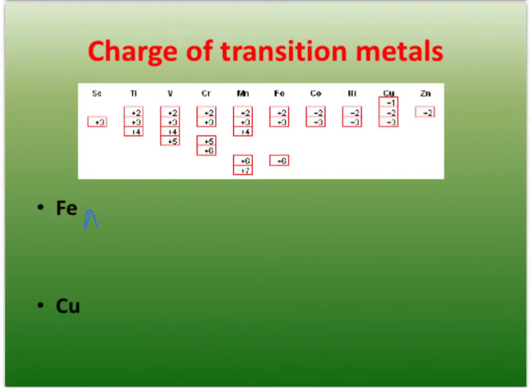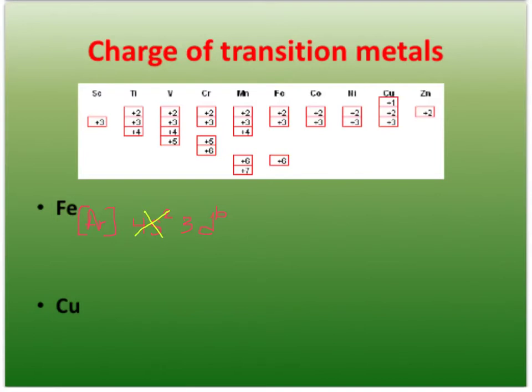Iron would have the configuration of Ar. Let's change the color. So we're going to write the noble gas configuration: 4s2 3d6. Now to form the first ion of iron, which is the +2, we're going to lose our s2 electrons.